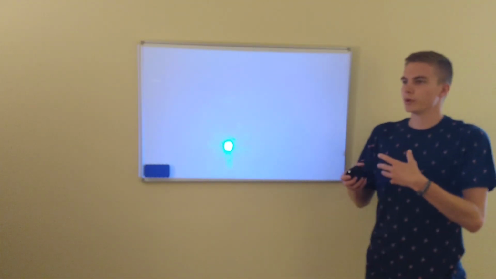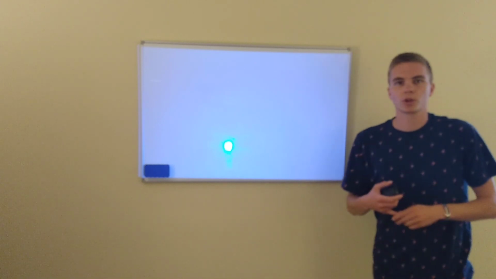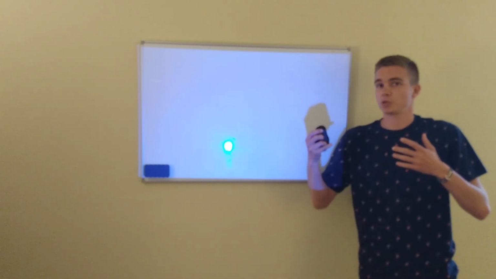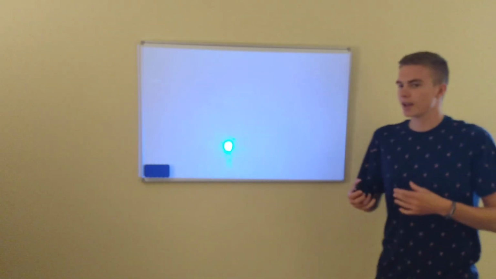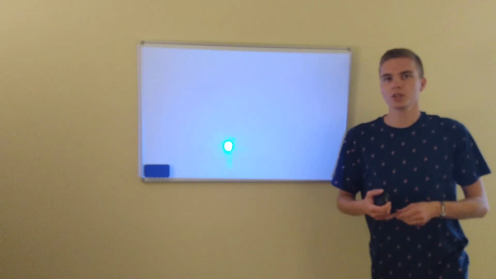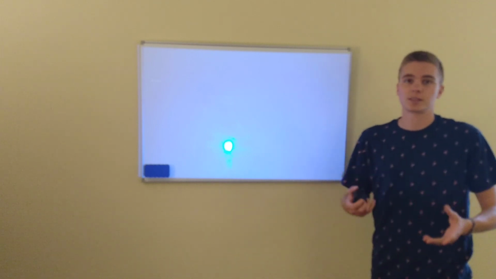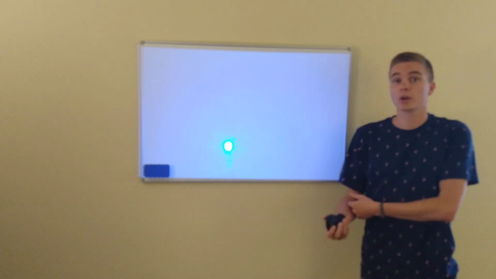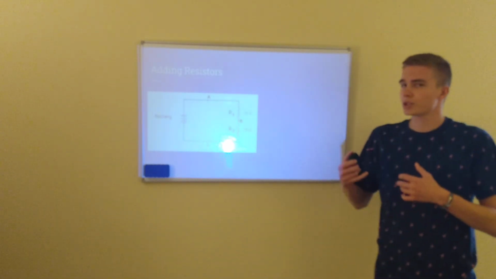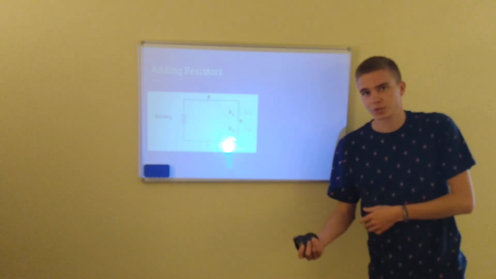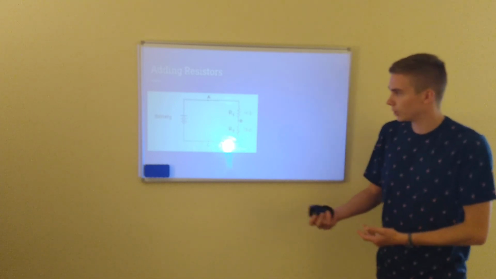Well, we're not always working with light bulbs. We might be working with resistors, remember the components we talked about before. Understanding how much resistance is in a circuit is very important to calculate, say, the total current or the voltage of a battery. So we need to understand how we can add resistors in a circuit.